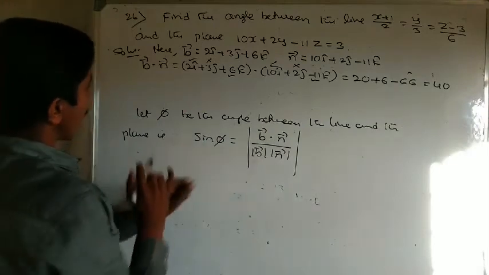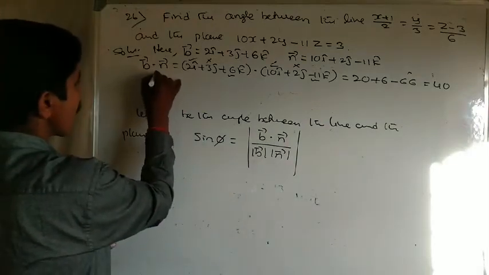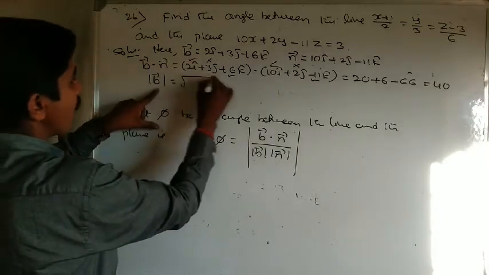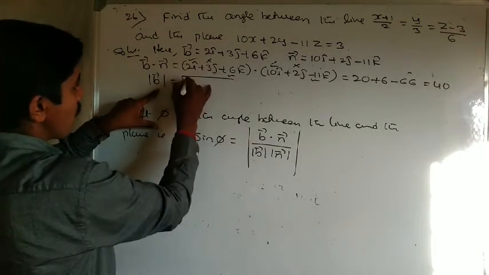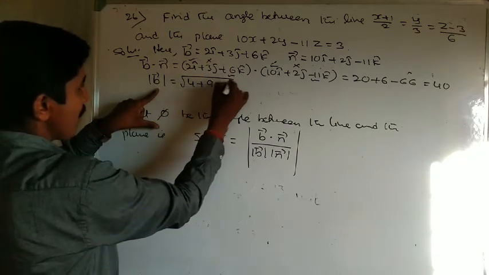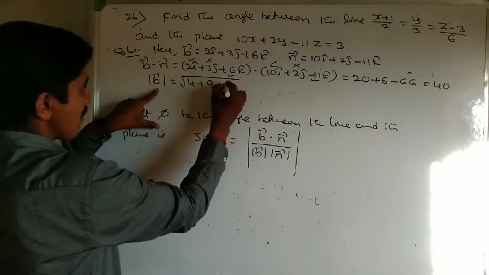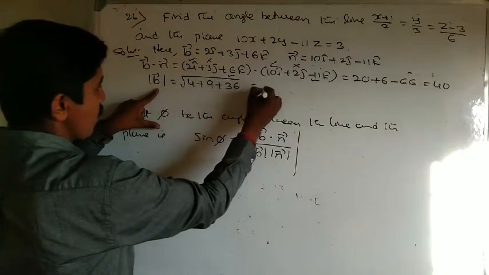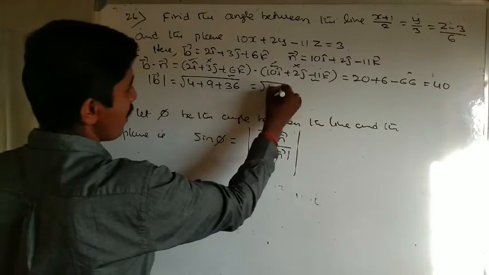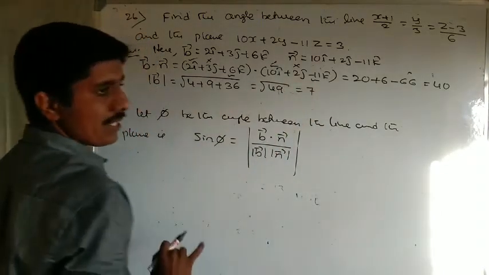Now find the magnitude of vector b: square root of 2 squared 4, plus 3 squared 9, plus 6 squared 36. 36 plus 4 is 40, plus 9 is 49. Square root of 49 is 7.